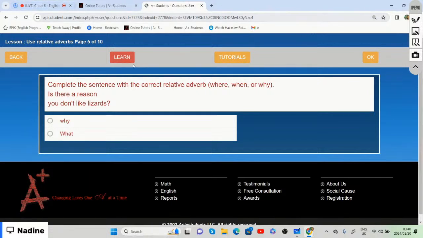All right, so it says, is there a reason. Do we say why you don't like lizards, or is there a reason what you don't like lizards?